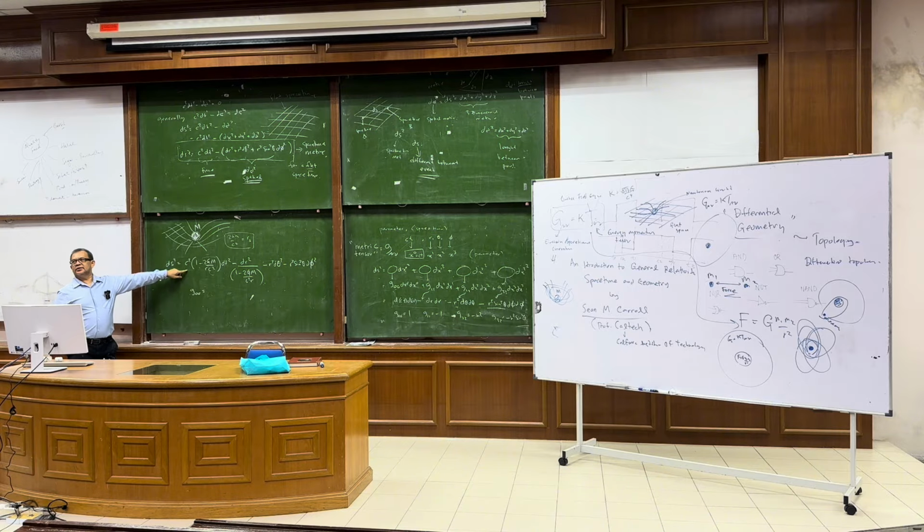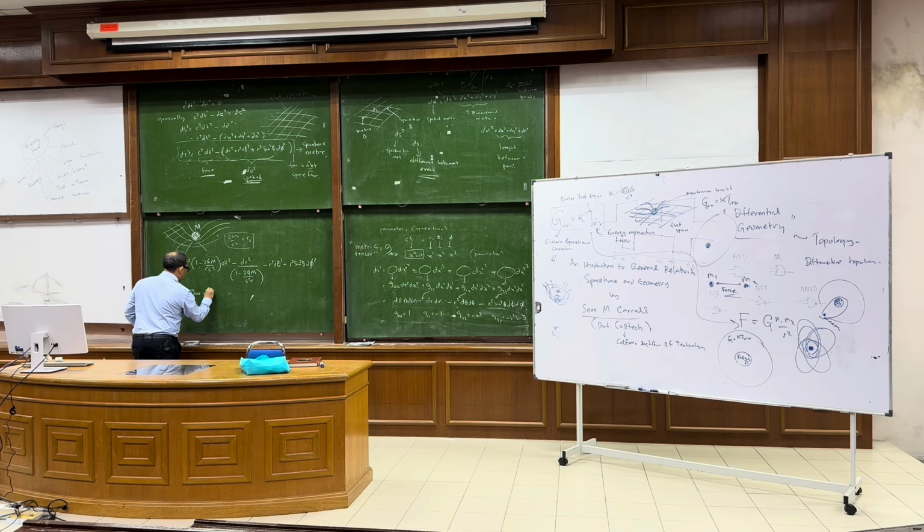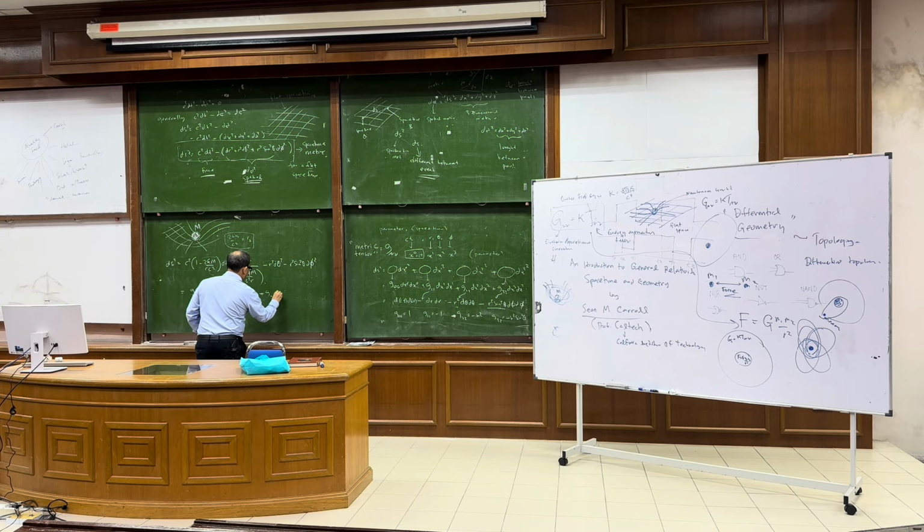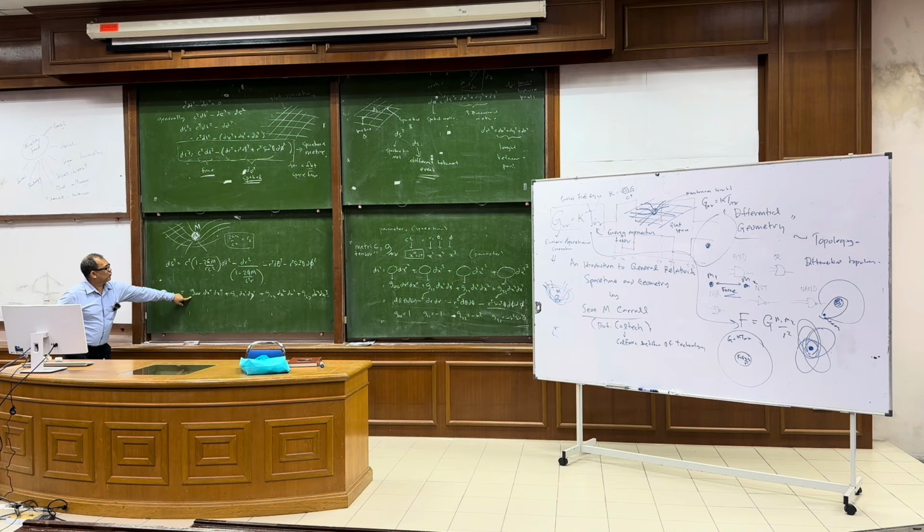We can write this as equal to G00 dx0 dx0 plus G11 dx1 dx1 plus G22 dx2 dx2 plus G33 dx3 dx3. Okay, G00 here is what?